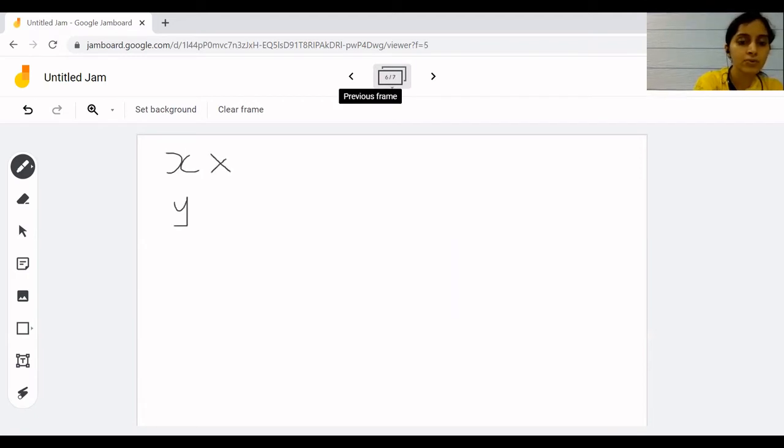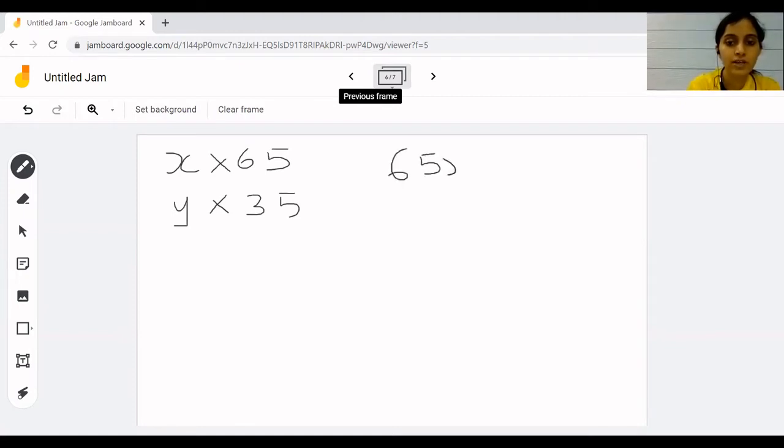Then per bicycle, I am going to get rupees 65, and per tricycle, I am going to get rupees 45 as a profit. So if I manufacture X bicycles and Y tricycles, what will be my profit? It would be 65x plus 45y.